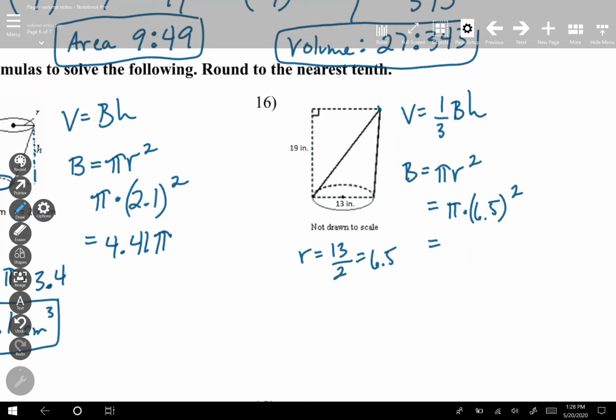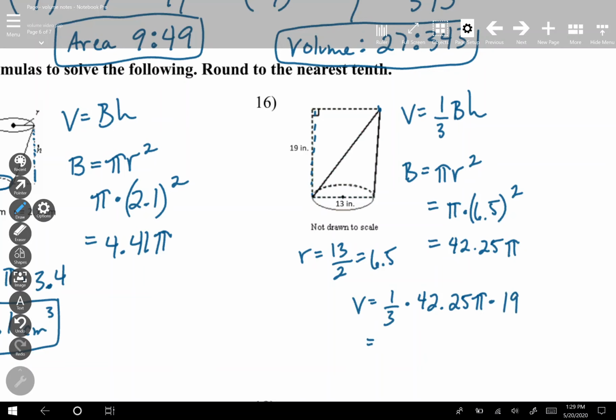So we get 42.25 pi. And so now volume is 1/3 times 42.25 pi times, and then the height of my cone, you don't want to think about the slant here. They're just going to tell you the height of it. It's 19.